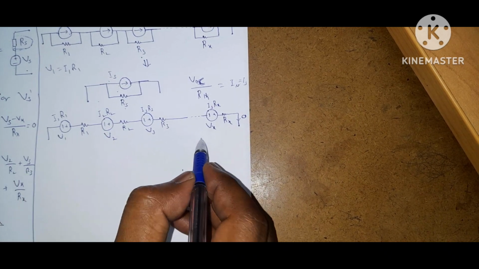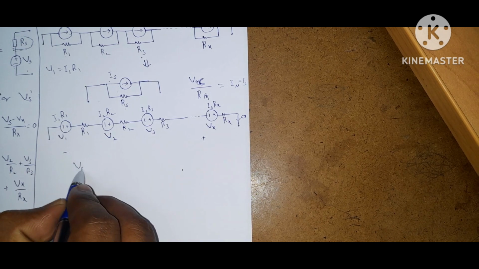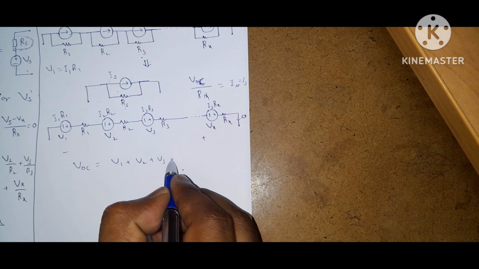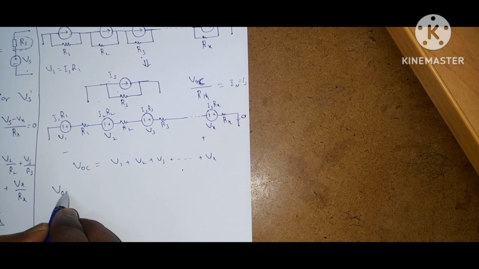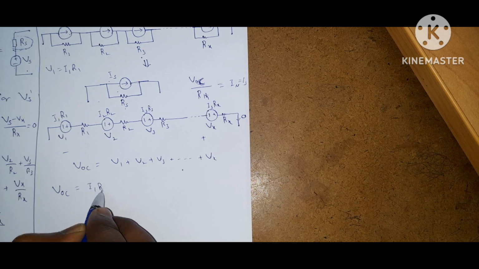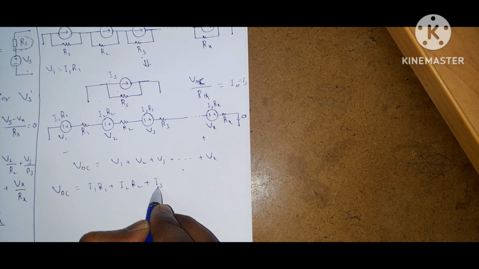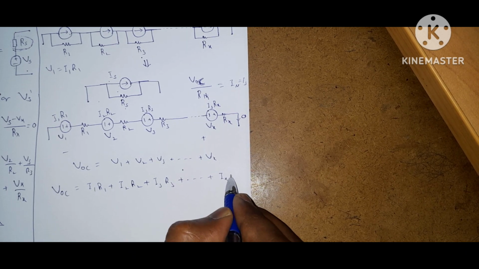Now, what is the voltage? VOC. VOC is equal to summation of all sources. So VOC is equal to V1 plus V2 plus V3 and so on plus Vx. That is VOC is equal to I1 R1 plus I2 R2 plus I3 R3 plus and so on plus Ix Rx.